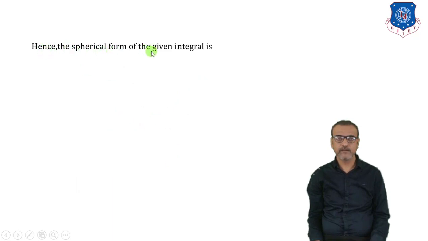Hence, the spherical form of the given integral is I, which equals the given triple integration, that is, integration from 0 to infinity, integration from 0 to infinity, integration from 0 to infinity, dx dy dz upon (1 plus x square plus y square plus z square) the whole square.